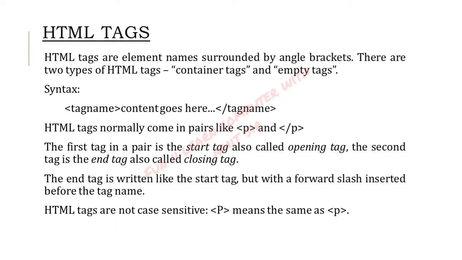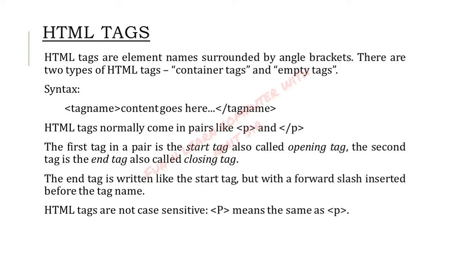Let's come to know about HTML tags. HTML tags are element names surrounded by angle brackets. There are two types of HTML tag. One is container tag and the other one is empty tag. Look at the syntax, how we write a HTML tag within the HTML document.